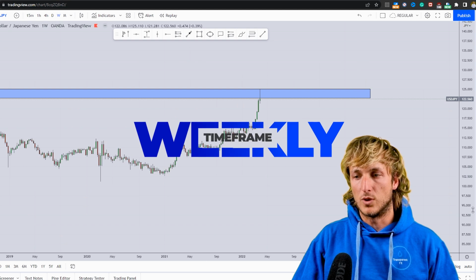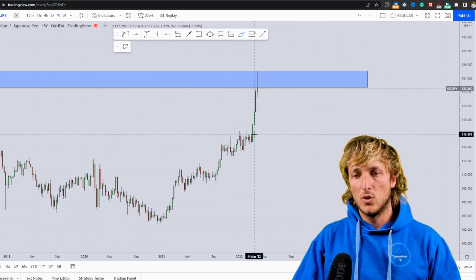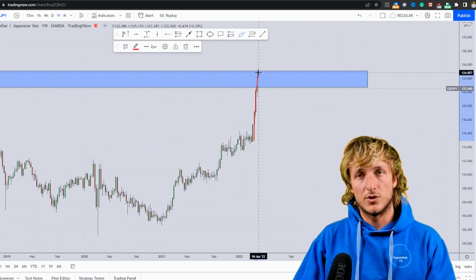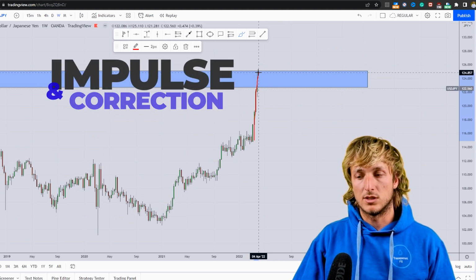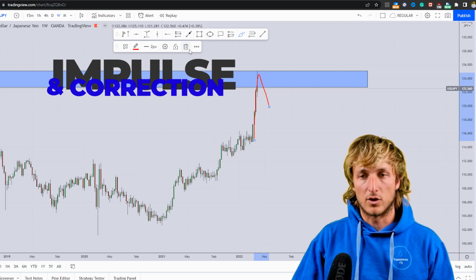Dropping down on the weekly, what do we see? Now here in the weekly time frame, we can see how the market first created this very strong impulse. At the moment, the market definitely seems overextended to the upside and in need of a correction.